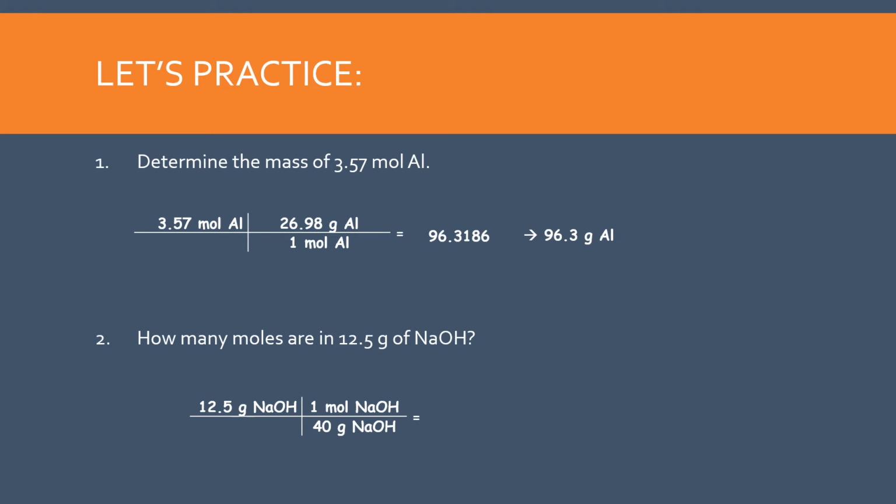So the 40 comes from the NaOH. Na is 22.99, O is 16, and H is 1.01. So that's how I got 40. I just added them up. So 12.5 grams divided by 40, solve it out. You should have gotten 0.3125. Again, significant digits, 0.313 moles of NaOH.